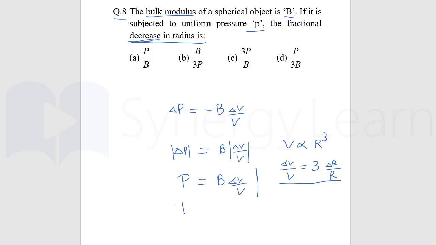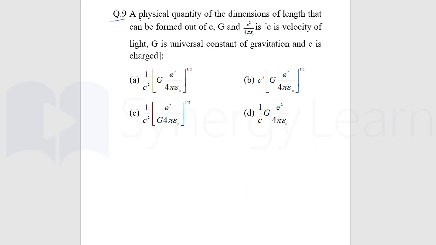Hence pressure P is equal to bulk modulus into 3 delta R by R, or delta R by R is equal to P by 3B. So P by 3B.